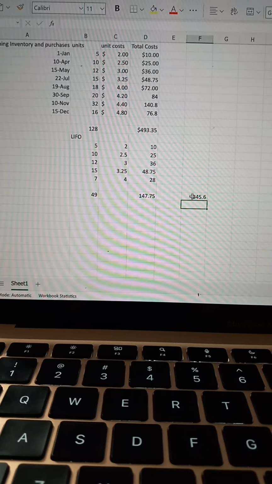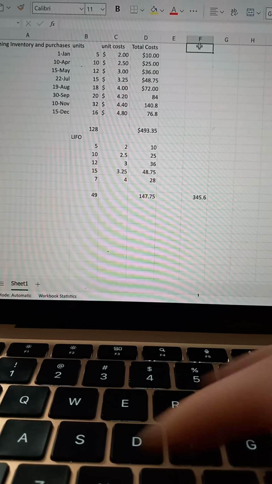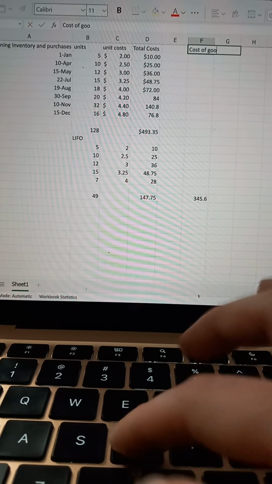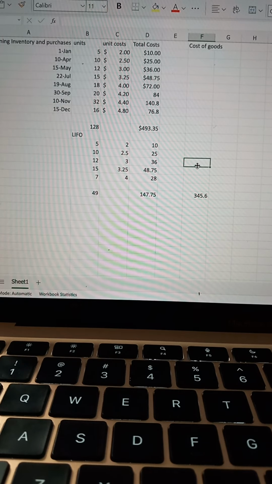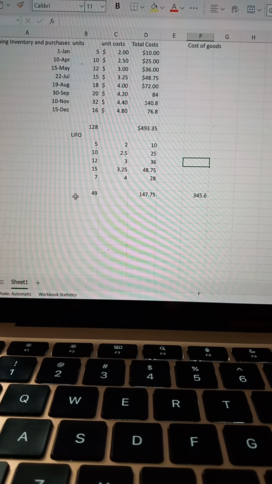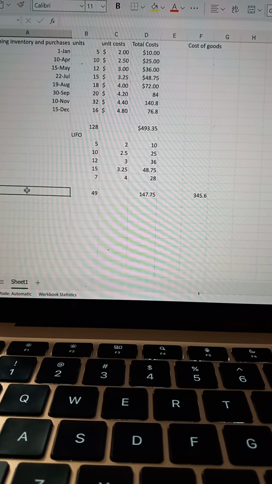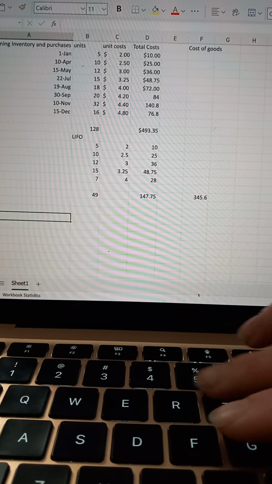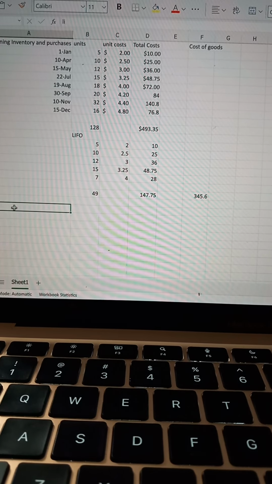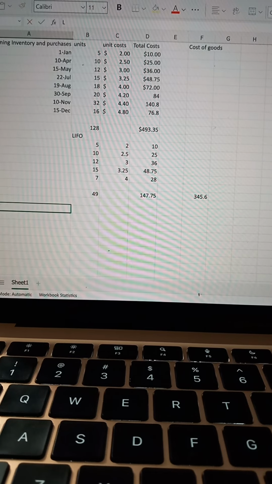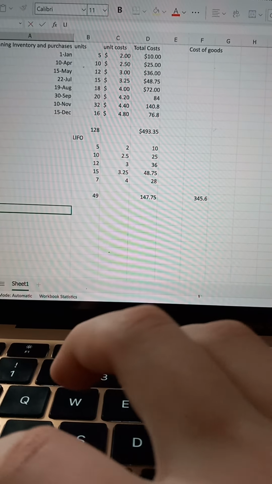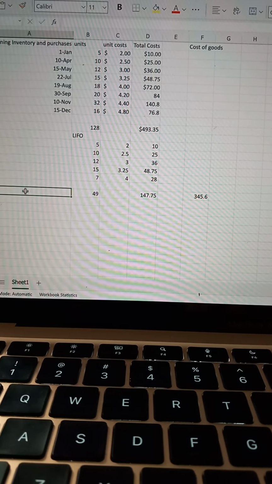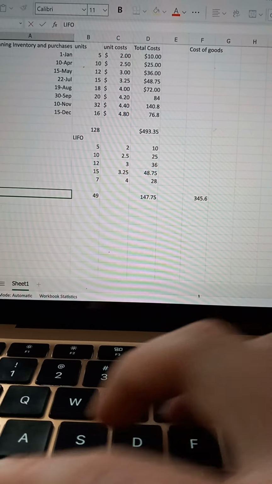And that is our cost of goods. That is this column. Okay. And that was the LIFO.